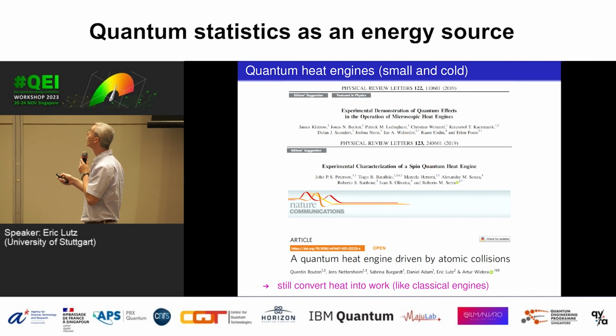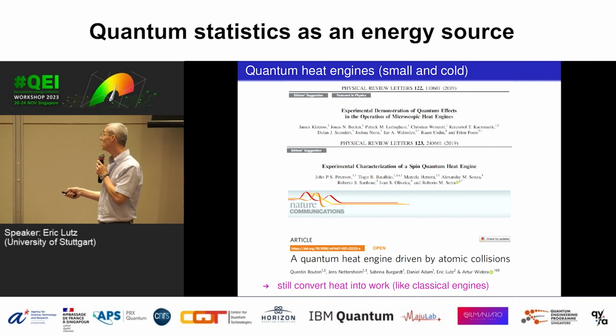What we see here is maybe one of the first experimental realizations of a quantum heat engine in the quantum regime using NV centers. The one here in the group of Roberto Serra was done using NMR, down there cold atoms. But at the end of the day, even though these engines run in the quantum regime, dominated by quantum dynamics, they still convert heat into work like classical engines.